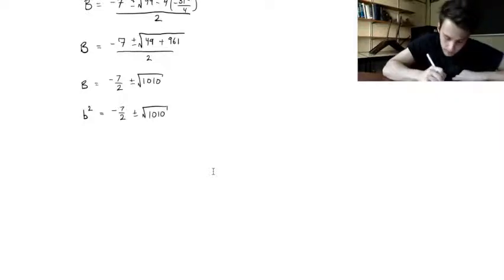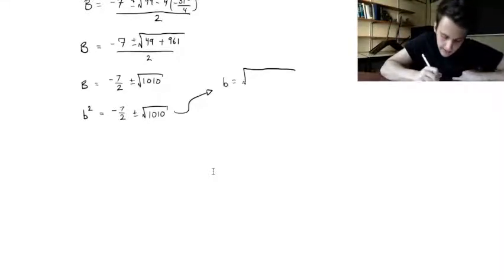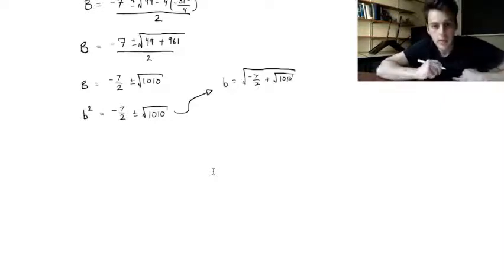So one set of the solution will be b is equal to the square root of negative 7 over 2 plus the square root of 10,010. Apologies for how ugly this is.